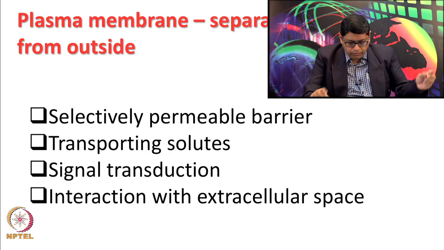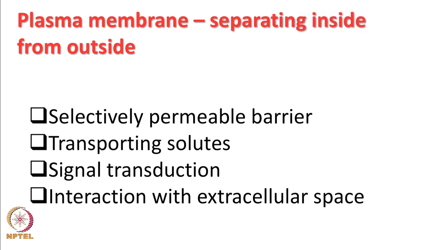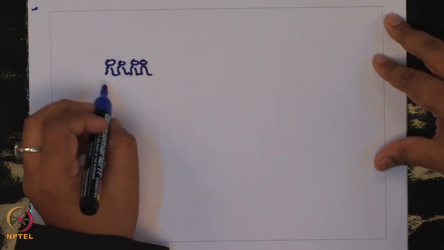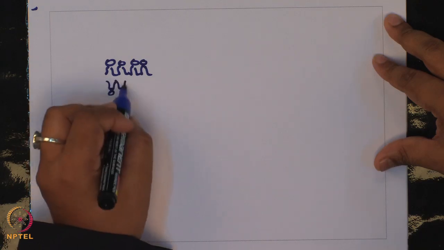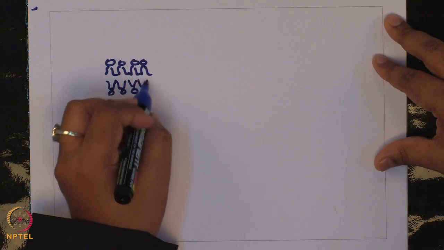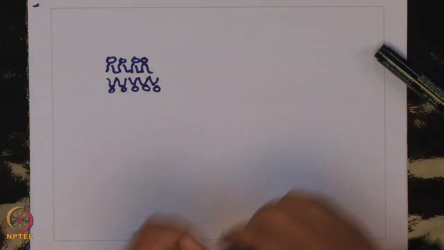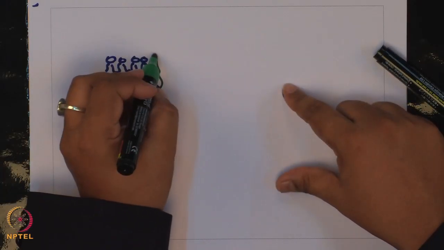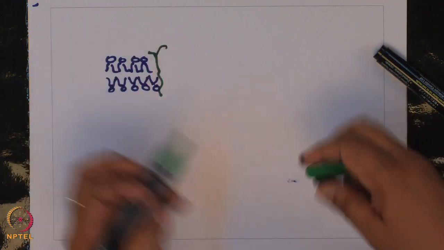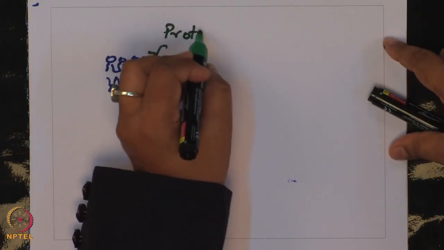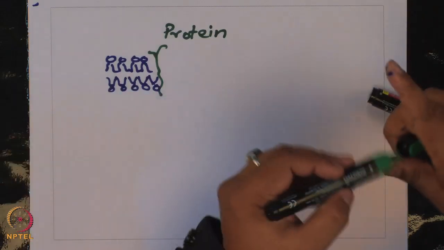If I were to draw a plasma membrane, you have lipid bilayers, and within this lipid bilayer, there are some proteins which are sequestered. This is a protein here, what I have drawn, and this is my lipid bilayer.